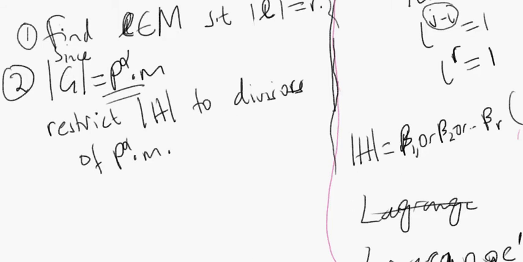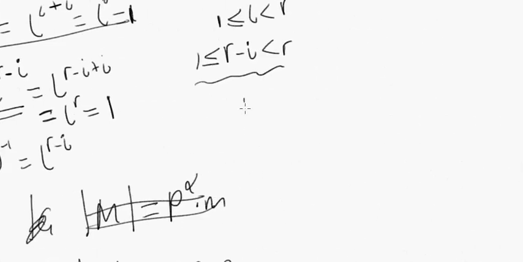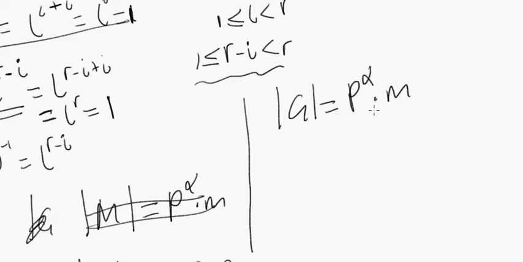So maybe let's write this in a much cleaner way, so we don't get carried away here. We're saying the order of G equals p to the alpha times M. Given that, is the order of G finite?